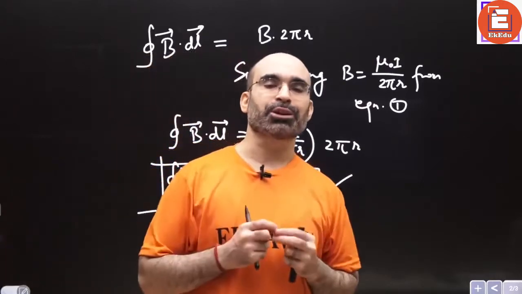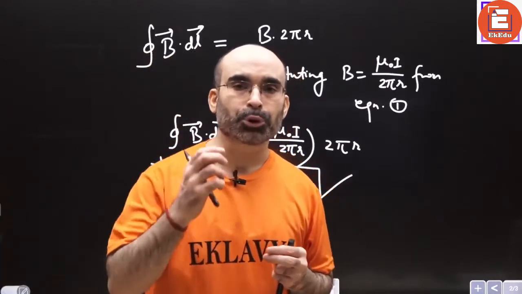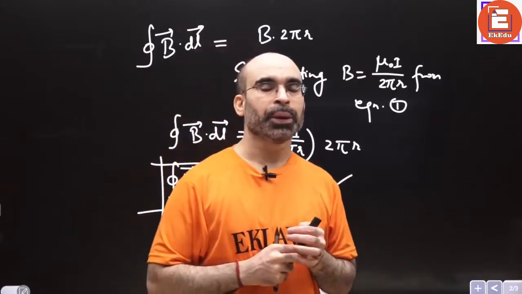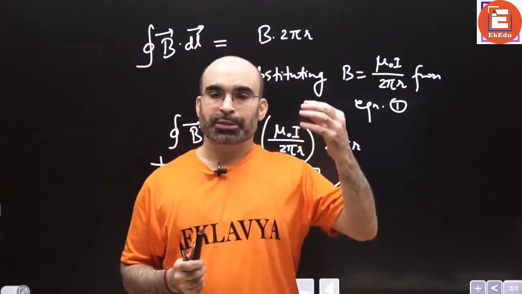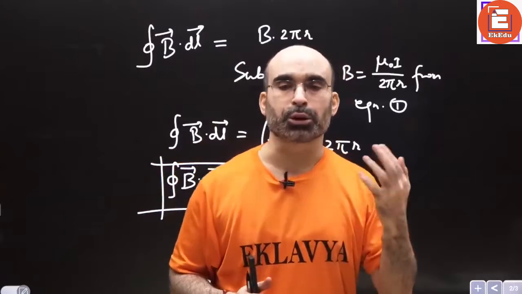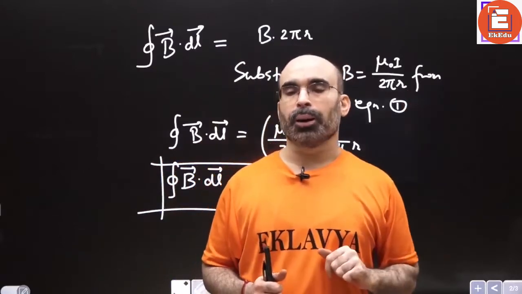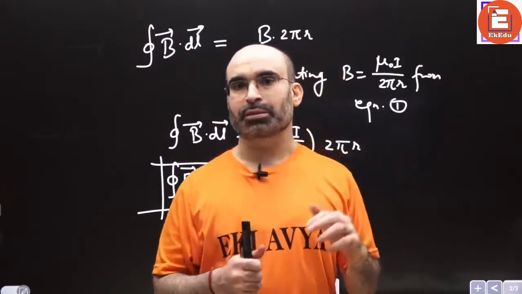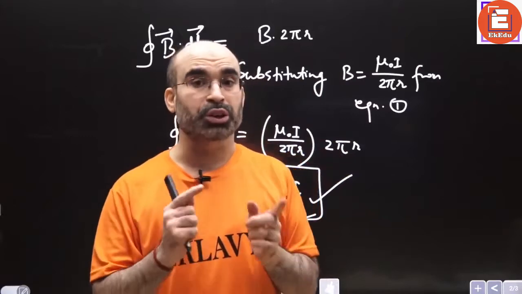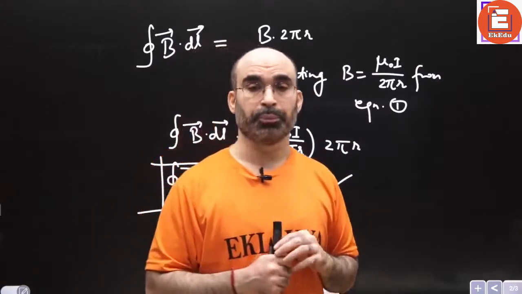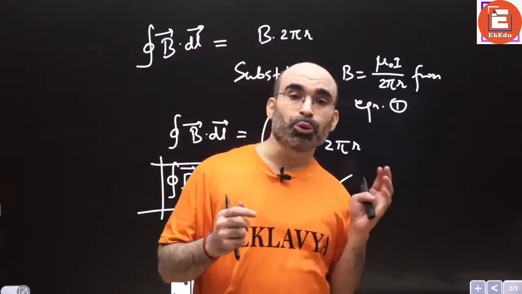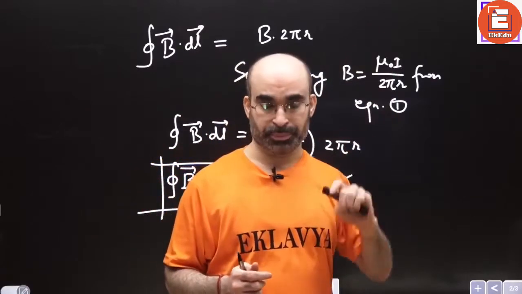Now what we are actually going to do, we have to understand very quickly why this special tool is needed. Why another tool? We have one tool, Biot-Savart law, to find out the magnetic field, right? So how is this one different from that?